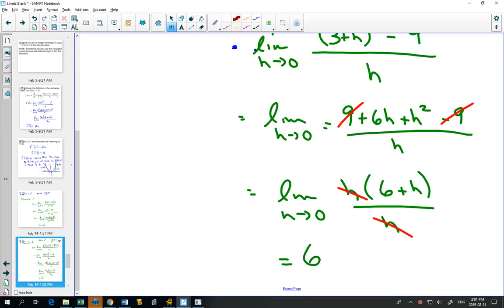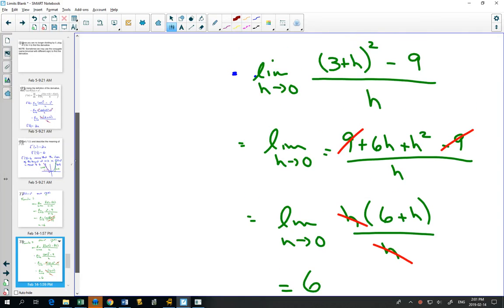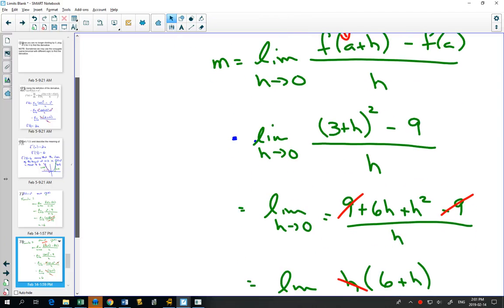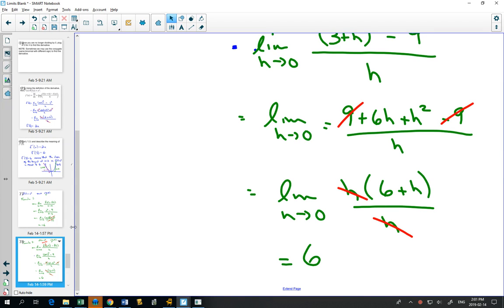Same slope as before, which it should be. I'd hate to do the second formula and find out we got a different number. So once again, in both formula 1 and formula 2, the a is a specific point that you're plugging in. We want to find it at 3, 9. So by plugging in 3 and simplifying, we get the correct slope at that point.